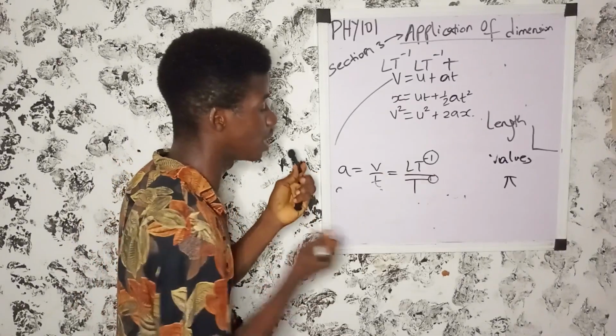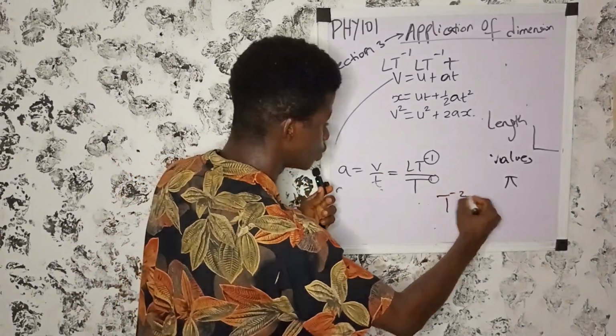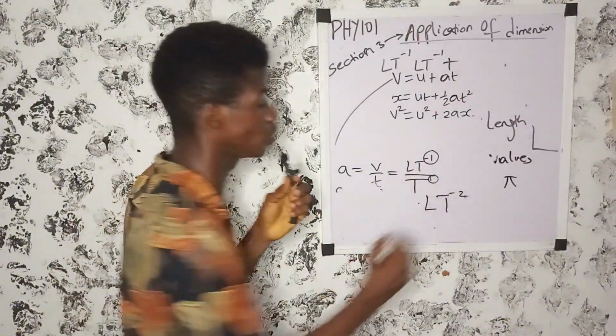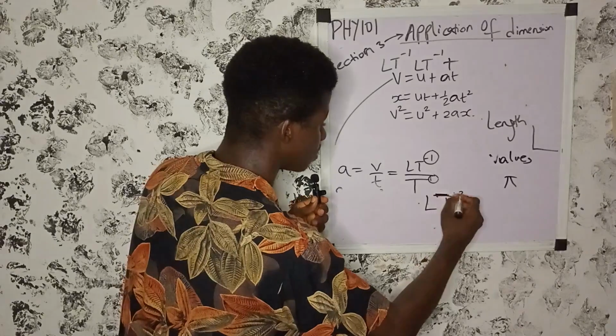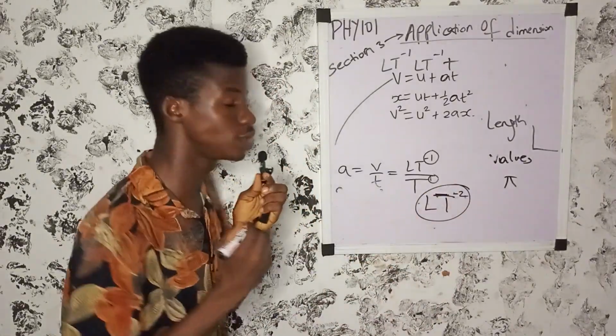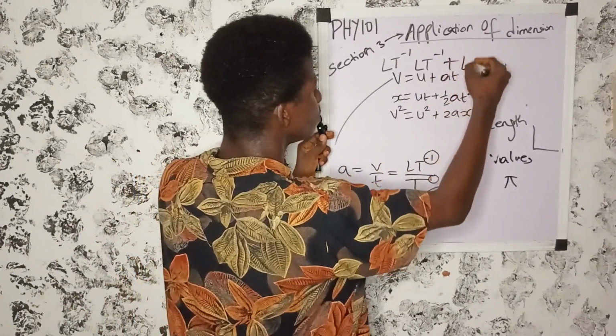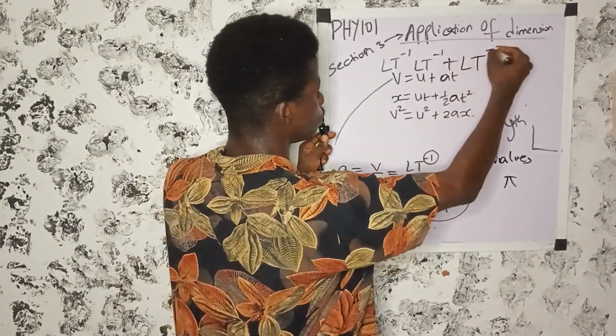Subtracting their powers, we have T raised to power minus 2. Then multiply it with this L. We have L t raised to power minus 2. So L t raised to power minus 2 is the dimension for acceleration.